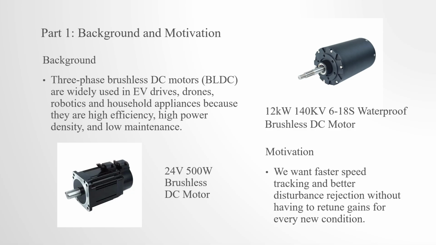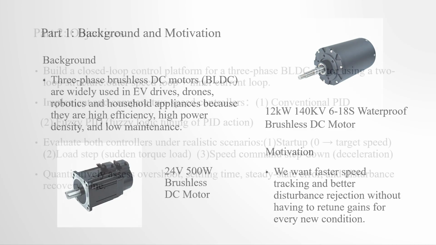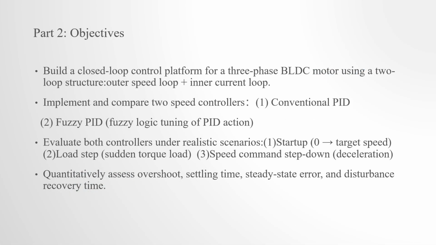So our motivation is we want faster speed tracking and better disturbance rejection without having to retune gains for every new condition. So the goal of our project is to build a closed-loop BLDC control module with a speed loop and a current loop.